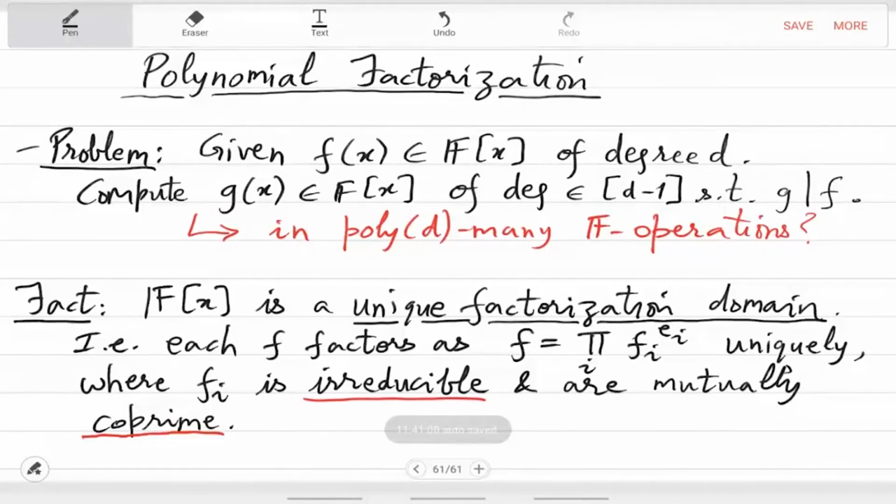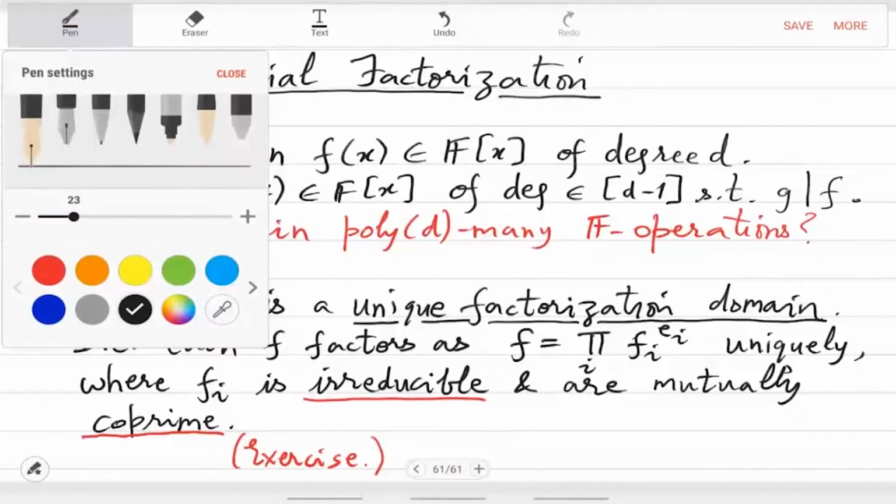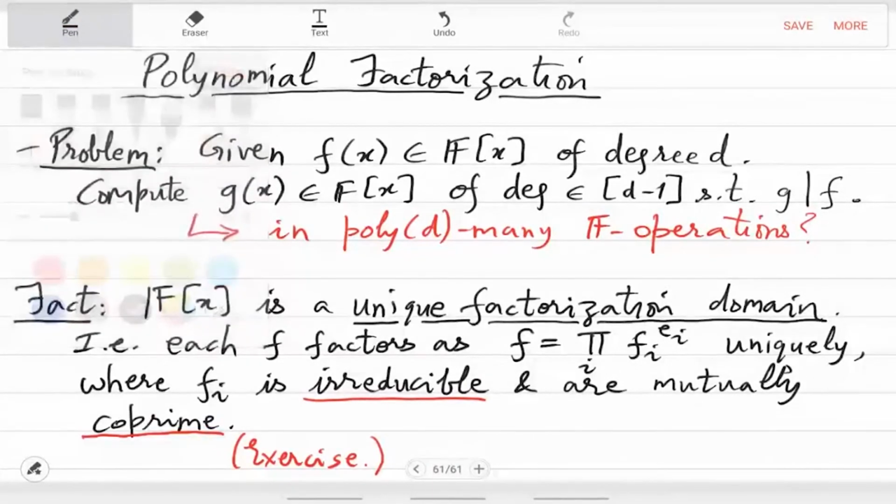If it is co-prime to all the fi's, then you can take GCD and so on. So I will not go into the proof, but it can be proved by first principles. This is a pretty standard result.